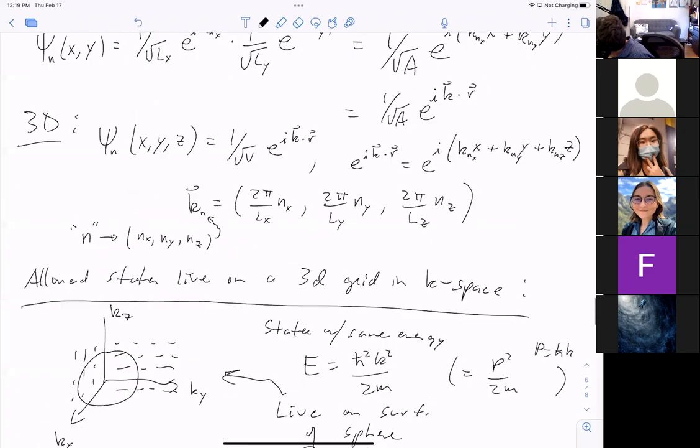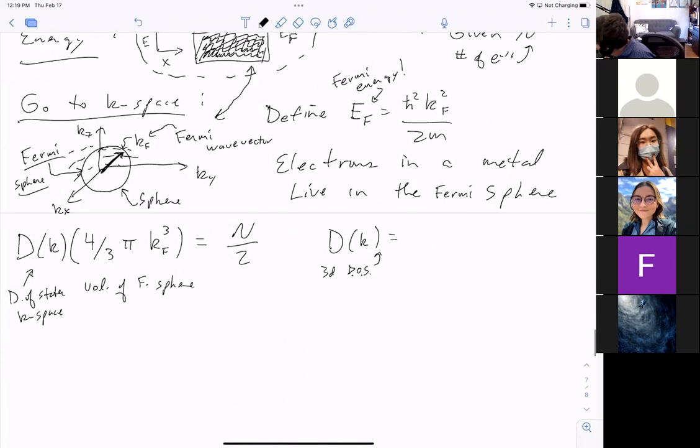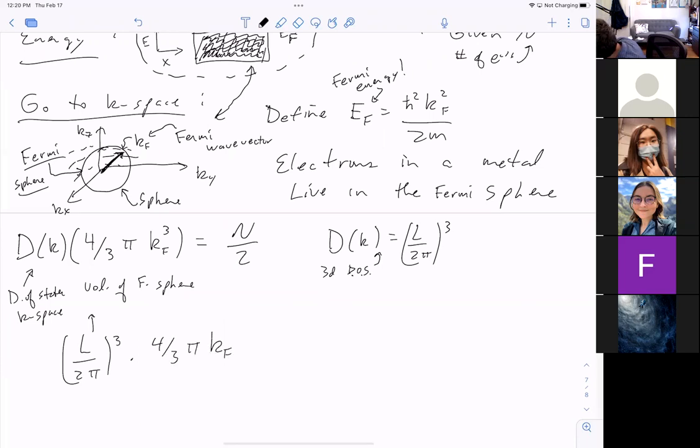So now I'm asking you, what's the density of states in K space for 3D? Tell me. L over 2 pi cubed. Exactly, perfect. And so now let's plug it into this little formula that we just did: L over 2 pi cubed times 4/3 pi kF cubed equals N over 2.